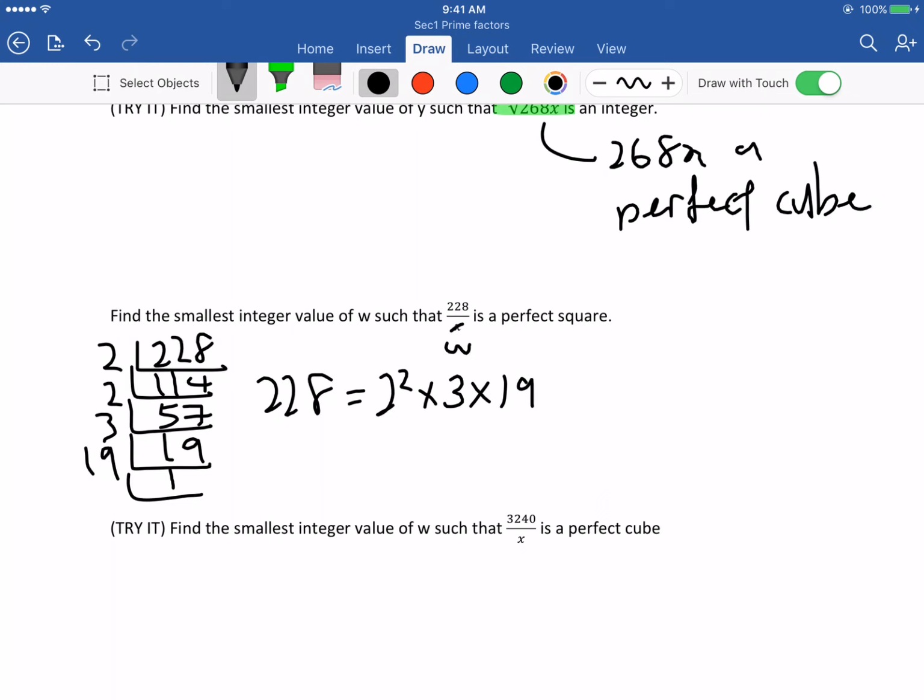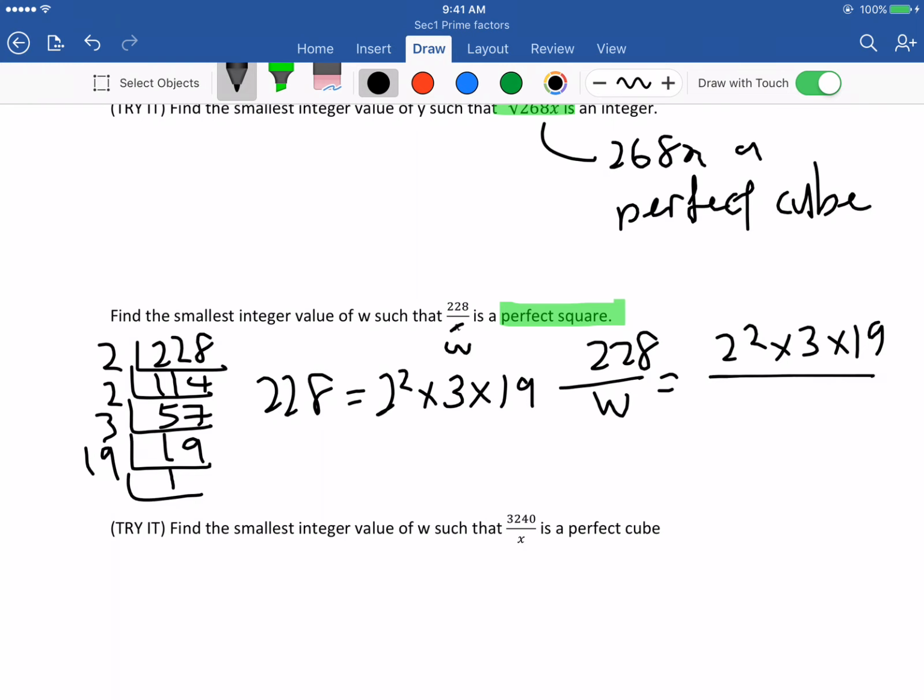So same thing, what's a perfect square? A perfect square means making sure a number can be square rooted. In other words, you must make all the powers divisible by 2. But what's the difference? This is 228 over w, so you're going to replace 228 by 2 to the power of 2 times 3 times 19 over w.